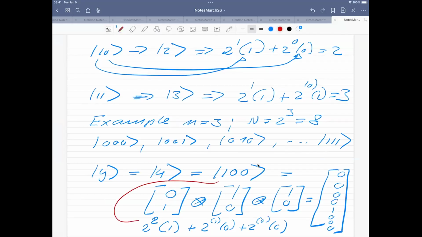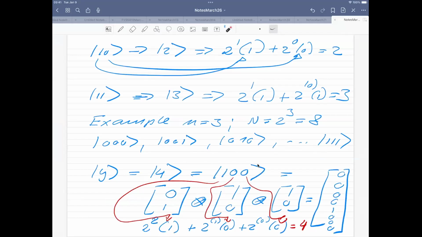So this one goes in here. This one is obviously in here, and that one is in here. And this becomes equal to 4. And that is the number which I want to represent that specific state. So this is just a kind of a hierarchy which we are setting up.